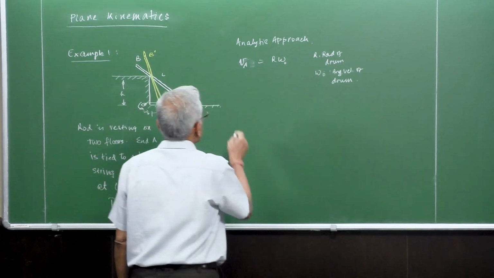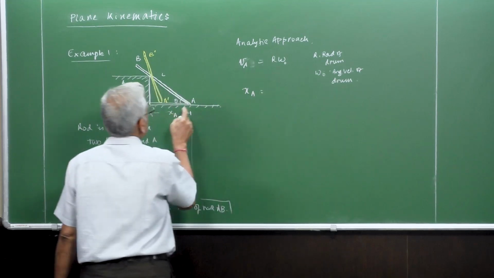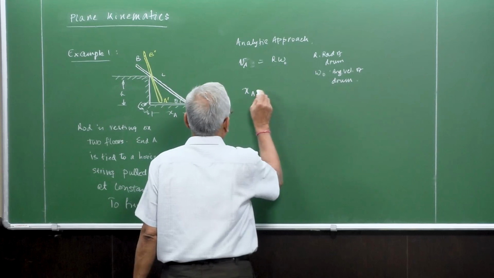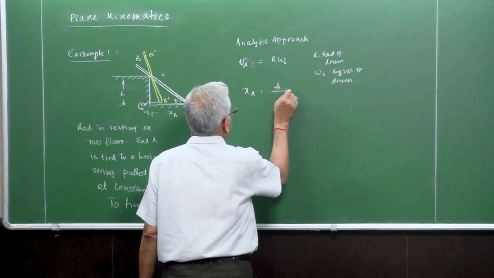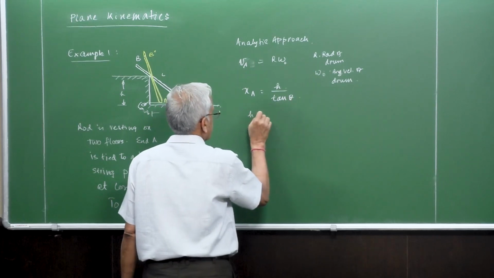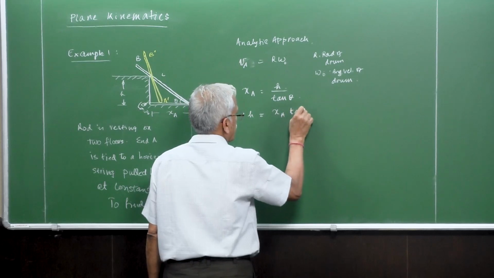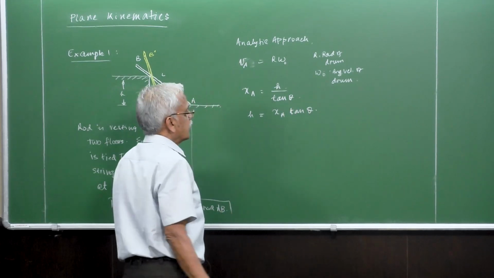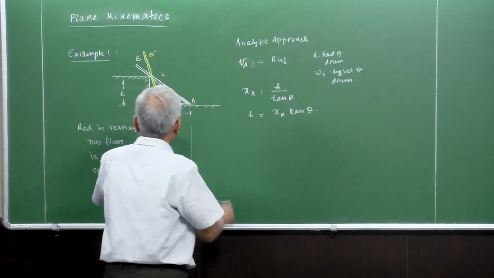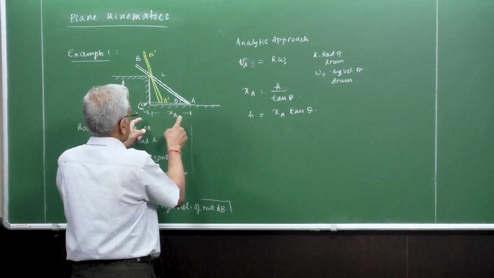So before that or after that, let's say that the distance xA here is given by h by tan theta, or we can even say h is xA tan theta. So this is the basic relationship between the distance xA, which is variable, and the angle theta.